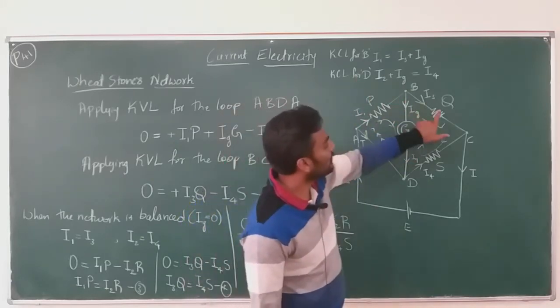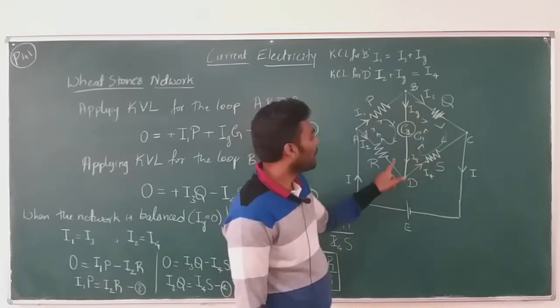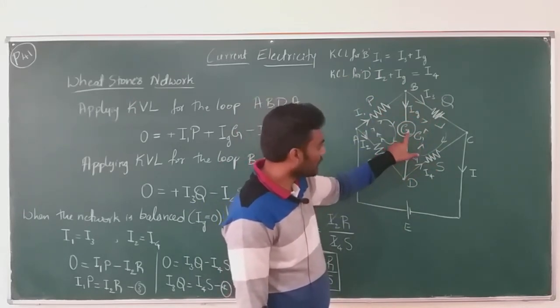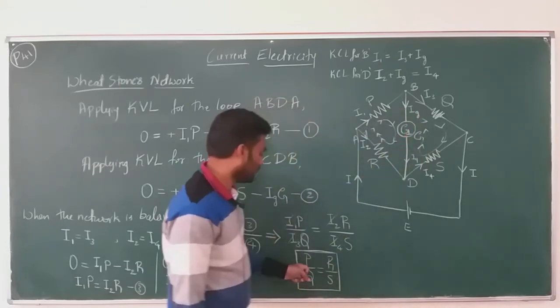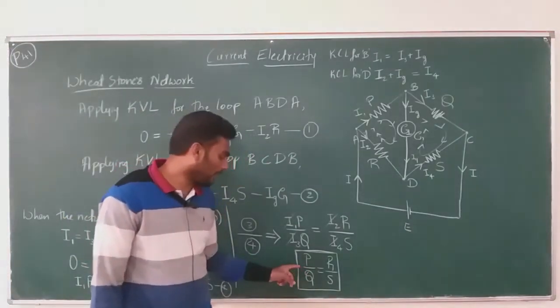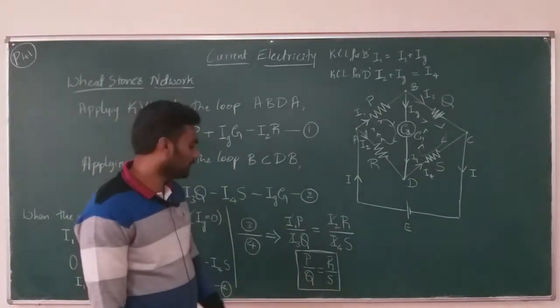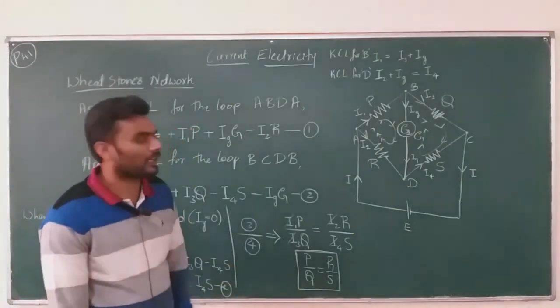And we should see what resistors are connected in the arms making the galvanometer's current 0, and those resistors are all mathematically connected in this way, P by Q is equal to R by S. So, this is the end of the derivation.